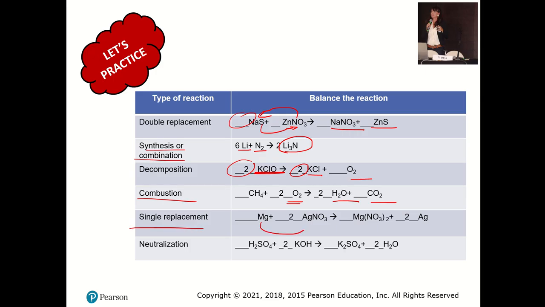It's a single replacement because I can see this magnesium replaces the silver. So now we balance the equation. So I have an acid over here, and I have a base over here, and I have a salt, and I have a water. So here we have a neutralization reaction. So now it's balanced as well.